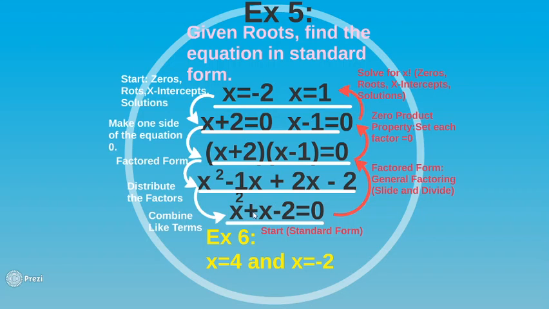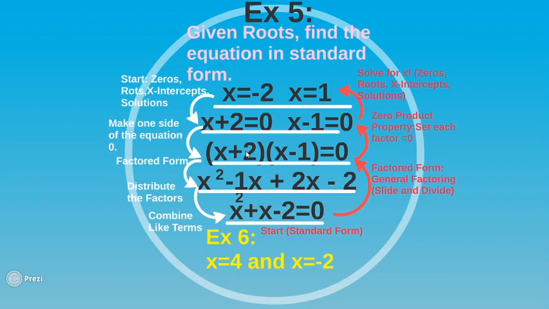Now, a shortcut for you guys. Technically, you don't have to start from here and go here. You can start from your roots and automatically go into your parentheses. You don't have to do this step. So I could have said x equals negative 2 and written it in factored form.